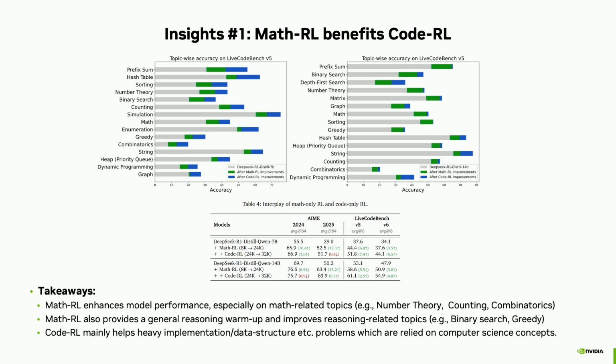All the math-related topics like number theory, counting, and combinatorics are largely improved after math IL. The code IL helps more on computer science topics, like implementation and data structure related problems.